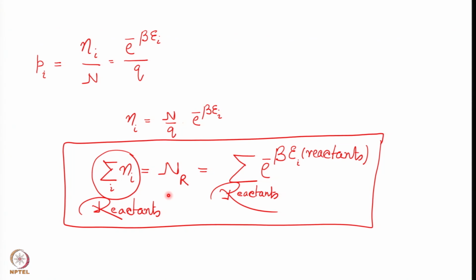And we have said that this occupation or occupancy rather depends upon temperature and also depends upon delta E naught. That is, what is the difference between the 0 point energy levels. We have obtained an expression for NR. Similarly, we will obtain an expression for NP. And as I said, when I talk about products, the 0 point energy of product lies above the 0 point energy of reactant, and this difference we are going to consider in the derivation of the overall partition function.